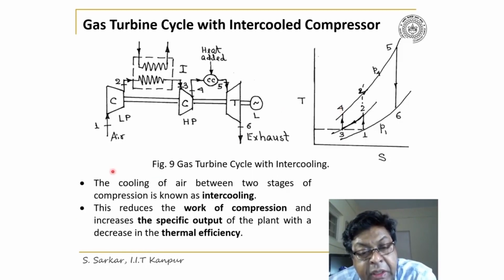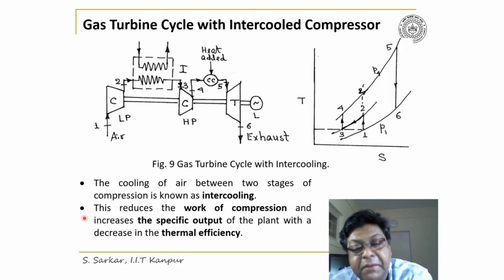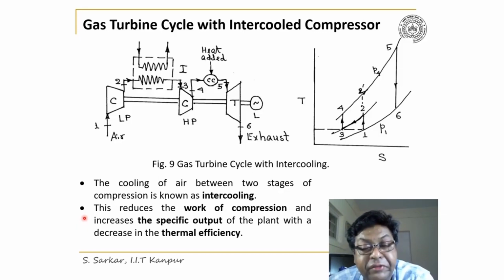Thus, the cooling of air in between two stages of compressor is known as intercooling, and this intercooling reduces the compression work, and thereby it increases the specific work output of the cycle with a decrease in thermal efficiency.